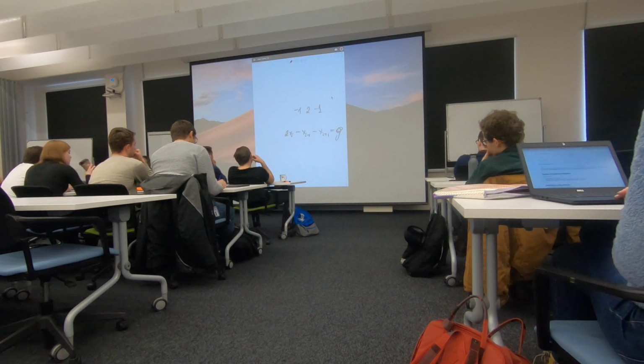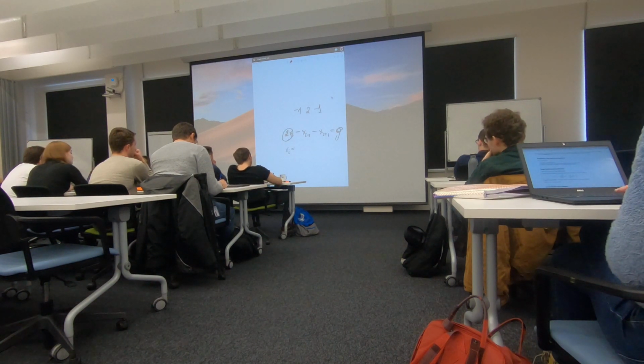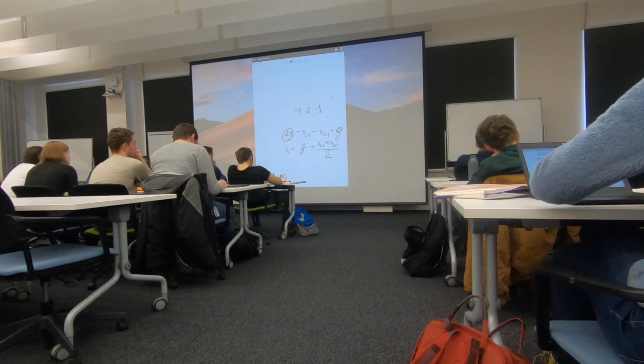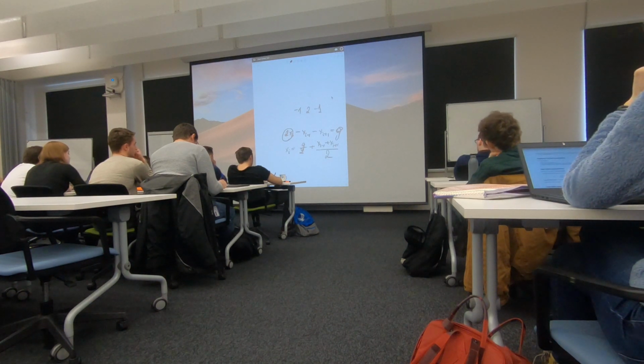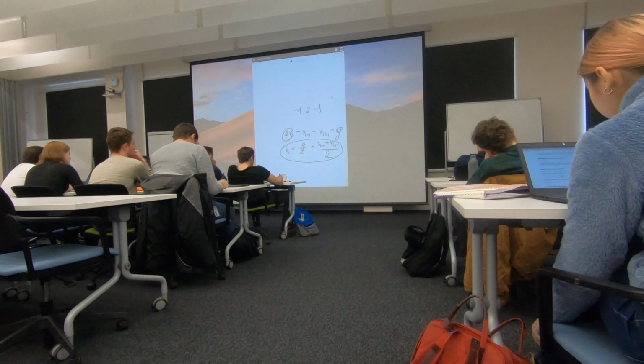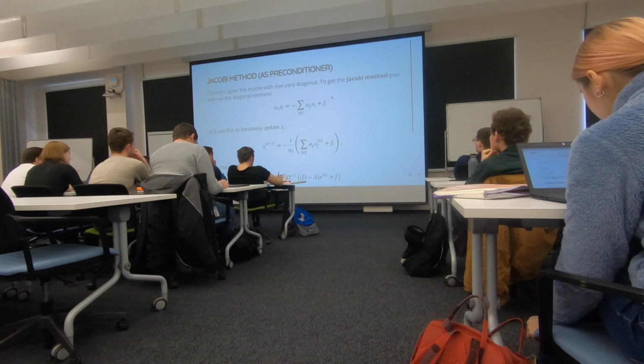So we express this, and you get actually a nice iteration: x_i equals f over 2 plus (x_{i-1} plus x_{i+1}) over 2. So you basically take the neighboring points, you average them and put inside. So it's sort of interpolation. And this is the Jacobi method.